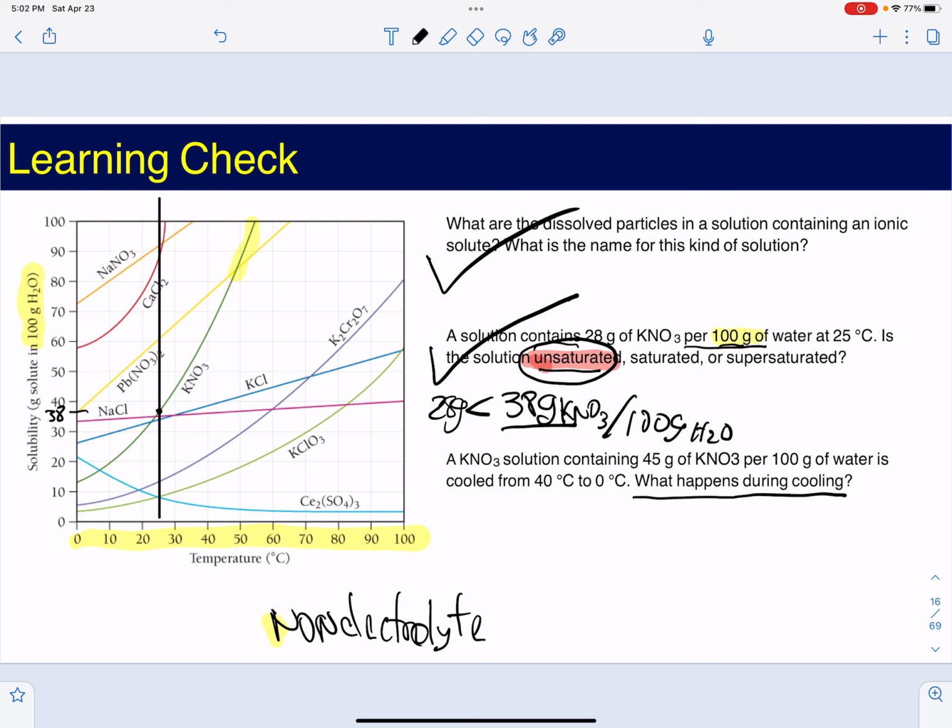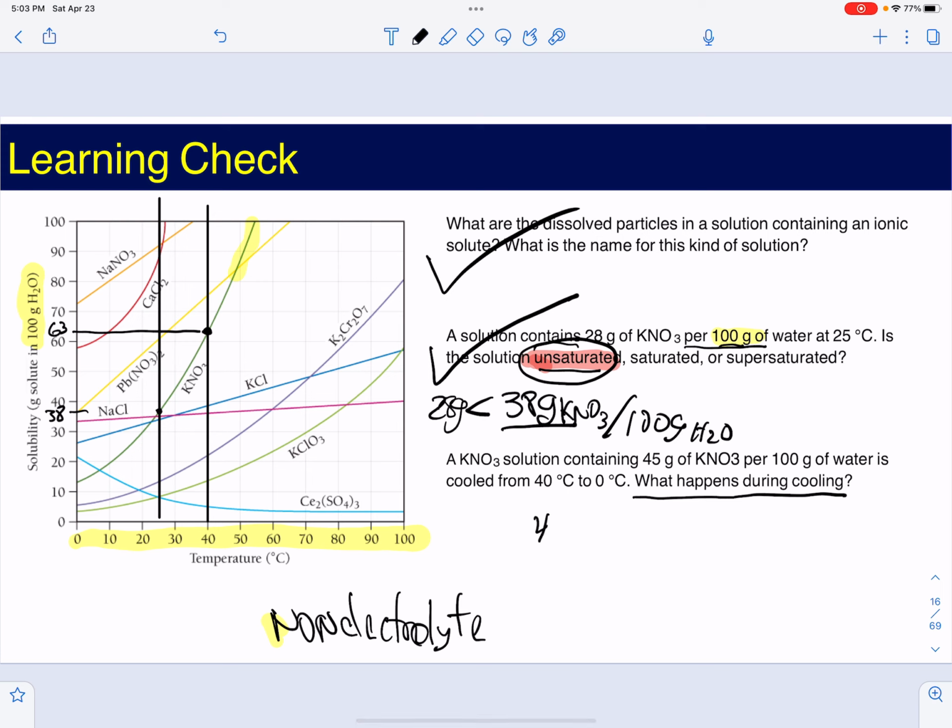So we're still doing potassium nitrate. If we start at 40 degrees Celsius, that will be right there, which means right here is where we will start, which is around 63.